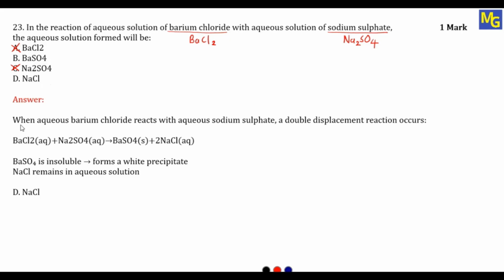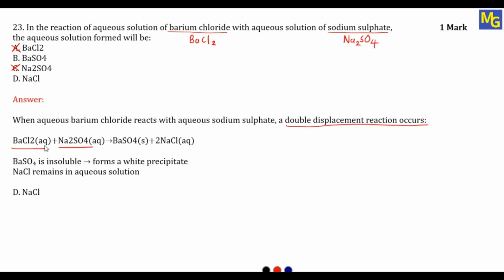So see the answer. When aqueous barium chloride reacts with aqueous sodium sulfate, a double displacement reaction occurs. Double displacement reaction means all the ions get exchanged. Now see here, BaCl2 reacts with Na2SO4. AQ explains the state of the solution, the state is aqueous.